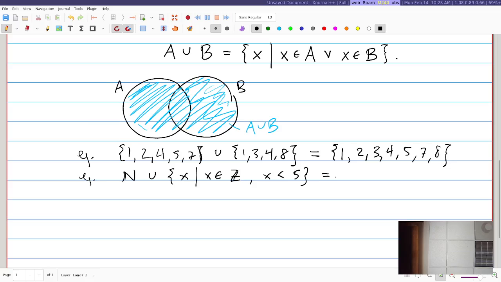It's just the set of all integers. Every positive or negative integer is in there at least once. The numbers from 0 to 4 are in there for multiple reasons, but it doesn't matter how many reasons you have for being in there. You're either in there or not.